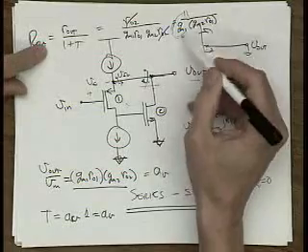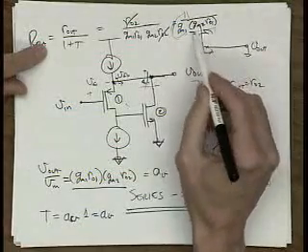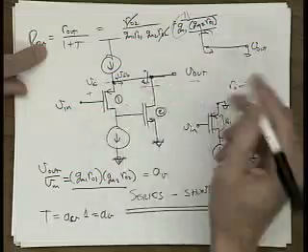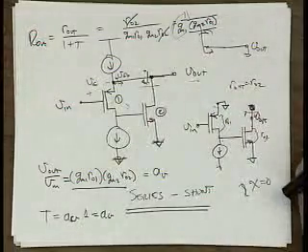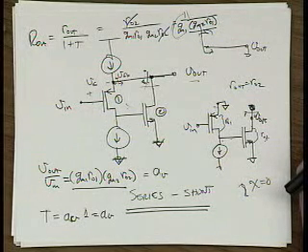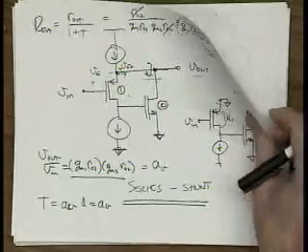Instead of just seeing output resistance of 1 over GM, you see it divided by this GM2 RO1, which is the gain of this feedback circuit we have here. Okay? Good old super source followers.